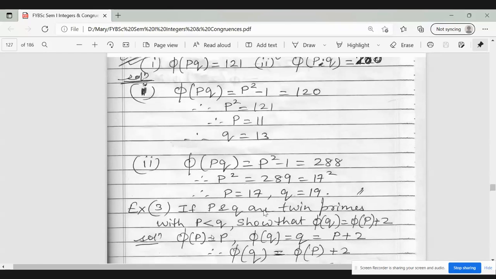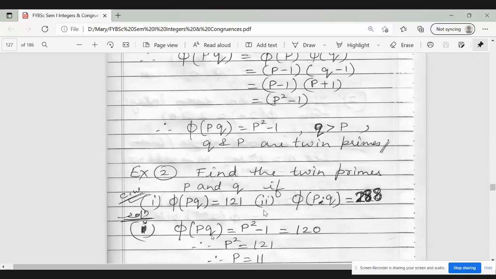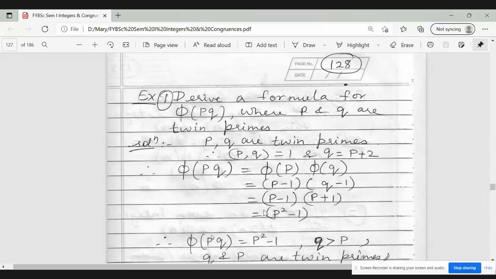Okay, twin primes, you're interested? Let us look at twin primes. What are twin primes? They are primes and they differ by 2. If I say derive a formula for phi of PQ, where P and Q are twin primes. Twin primes differ by 2 and the GCD is also 1.